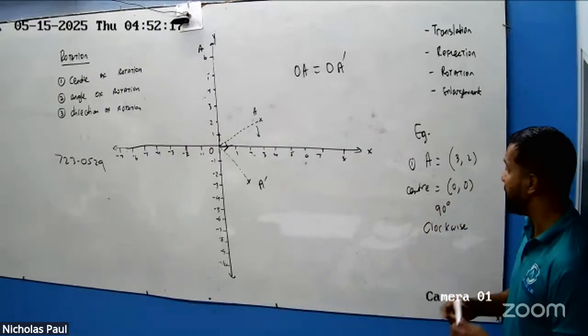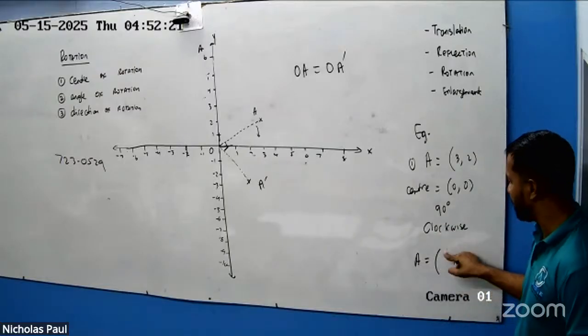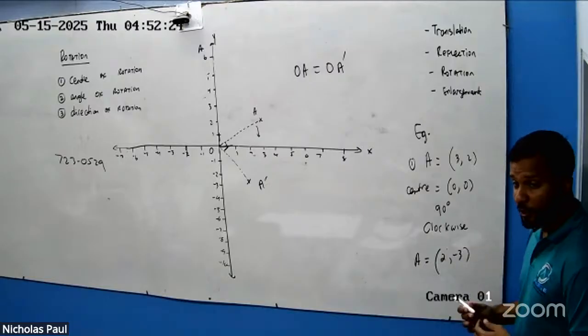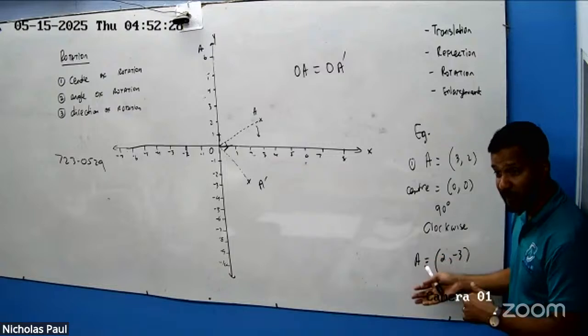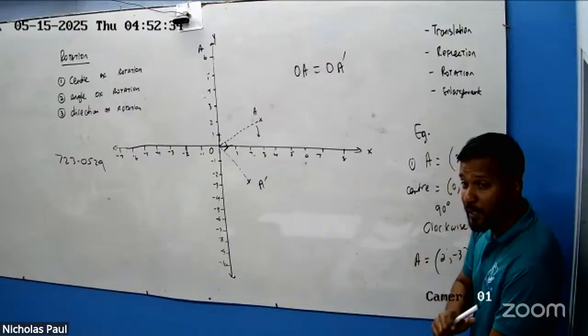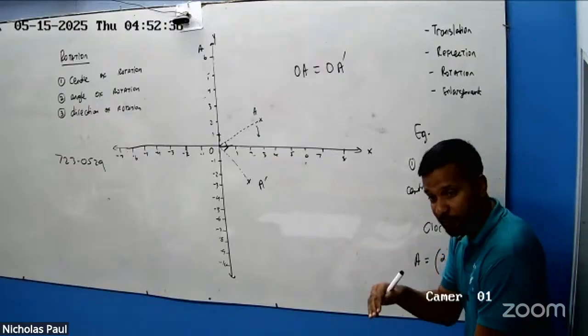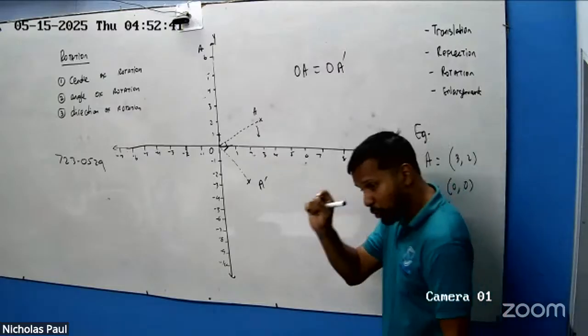Our answer was 2, minus 3. So you will always get these 2 digits. Might be plus, might be minus, but you will always get these 2 digits. If you do it properly, you will always get a 2 and a 3. So make a note of that, please.